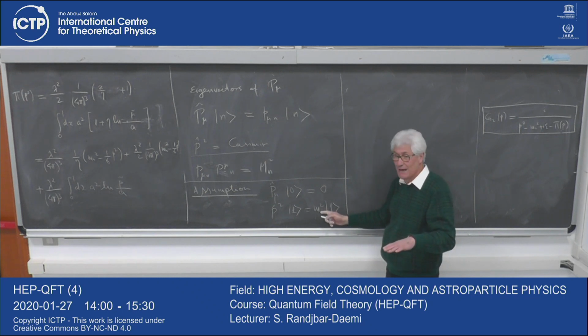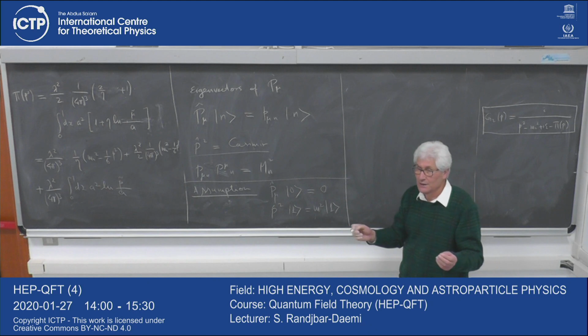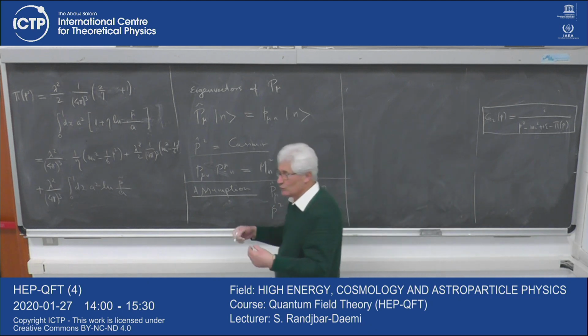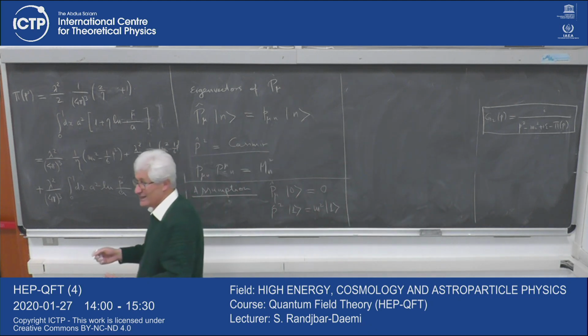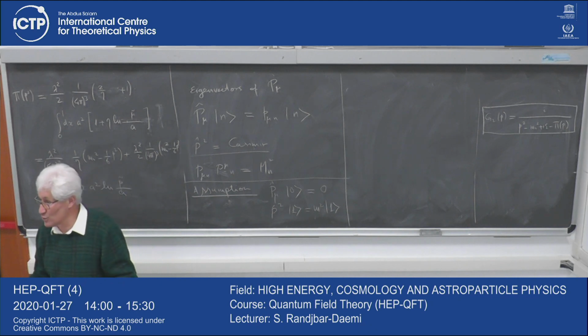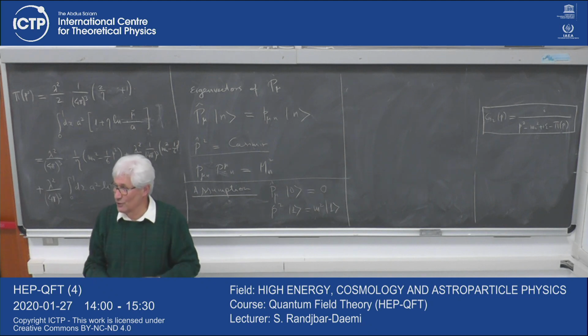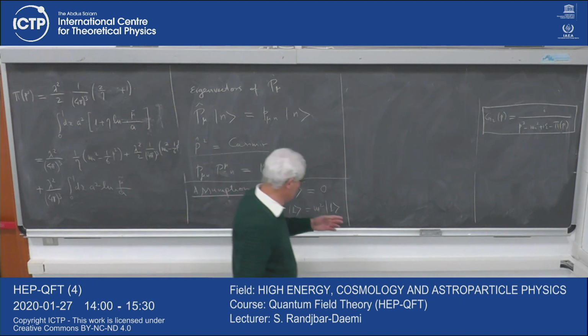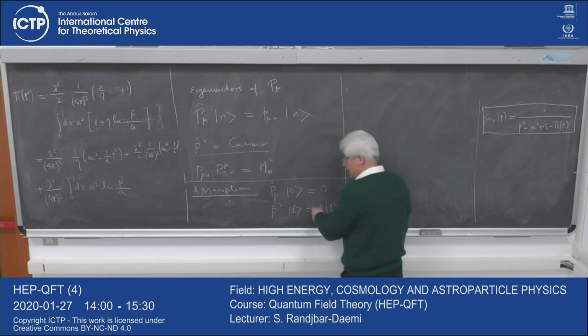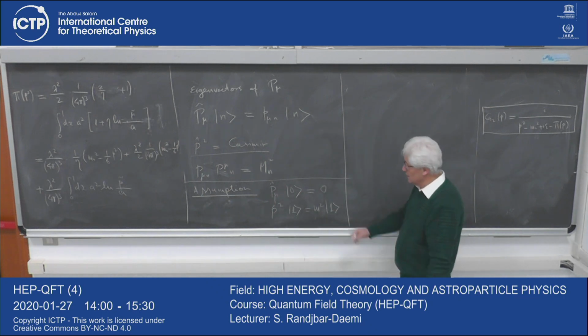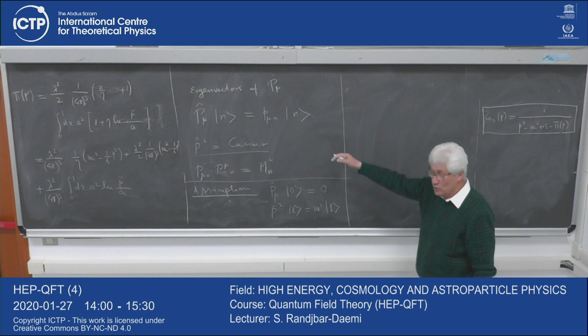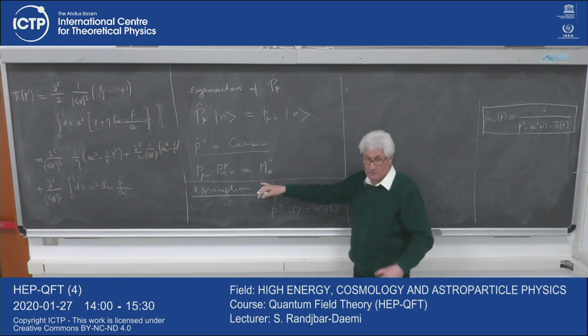Because if this is the mass of a single particle, then if you have two of these particles free, their mass squared will be 4m squared. However, if they form a bound state, their mass will be smaller than that. Therefore, if there is a bound state in the spectrum, there will be something above this and below 4m squared. Above 4m squared, there will be a continuum, and we will come to this continuum in a minute.